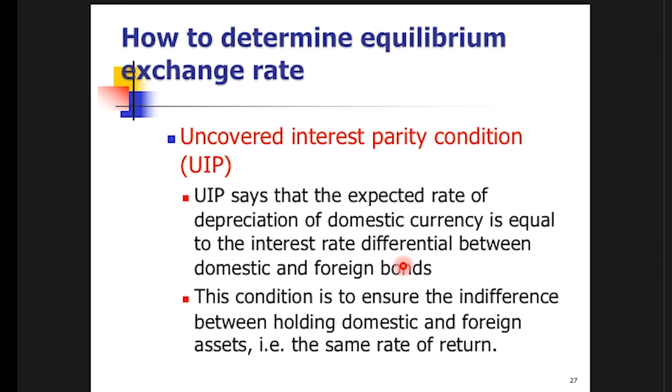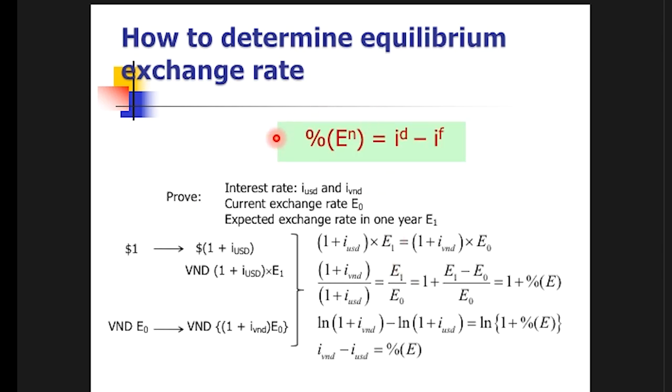We can look at this formula to understand the theory. The depreciation in the nominal exchange rate equals the difference between the interest rates of the domestic and foreign country. So, for example, the interest rate in Vietnam is 7%. The interest rate in the US is 1%.